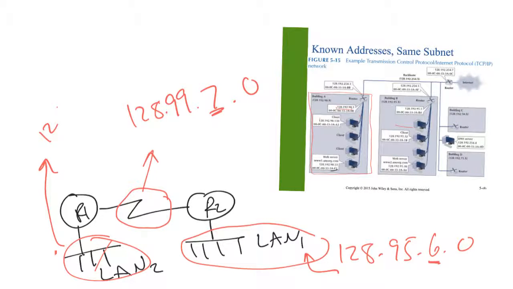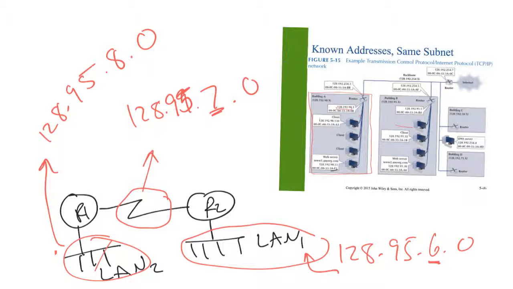In this case, you would use 128.95.8.0. I said 95 here, but I wrote 99. But it doesn't matter. They're both different IP addresses.